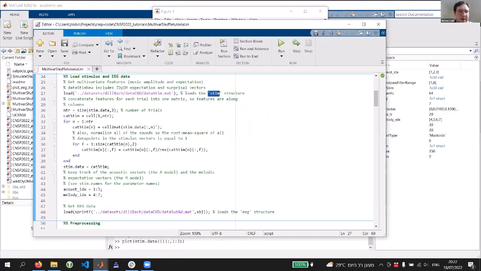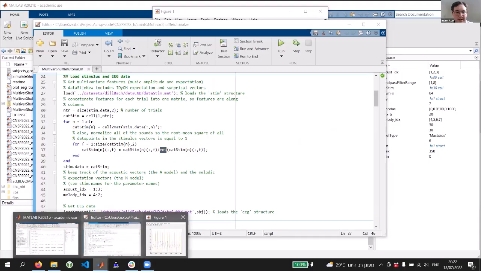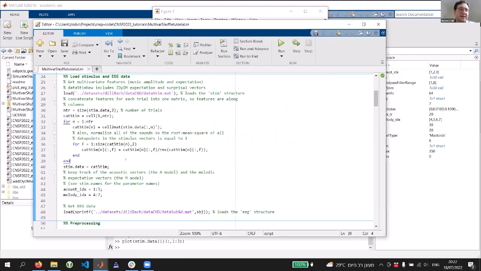What I do in this cell is I also normalize each of the stimuli so that the root mean square of the values is 1. That's why everything's right around 3 in this case. The reason I set it up like this has 2 reasons.